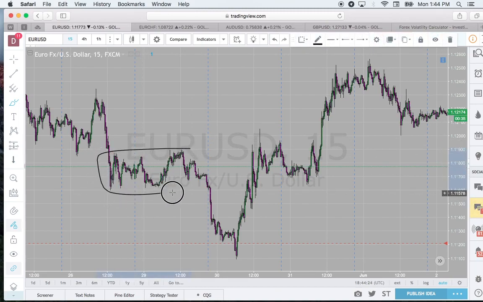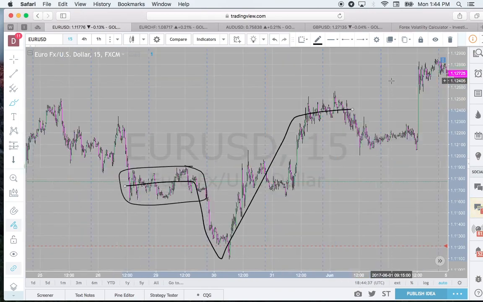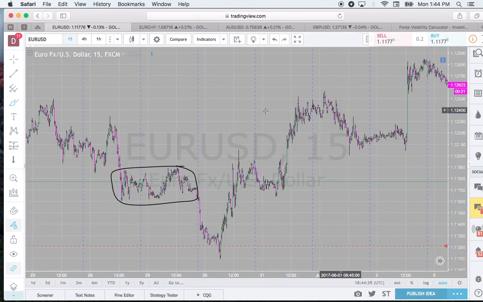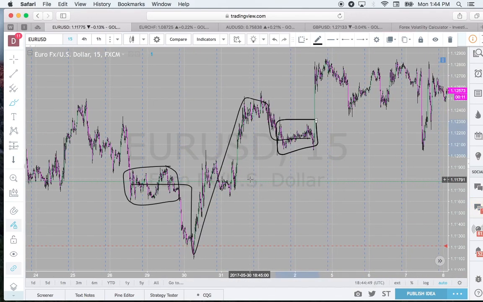Here we can see about an entire day and a half of consolidation. But what happens after that? We can see that normal pattern that we talk about. That normal pattern we talk about happens even on a macro scale.